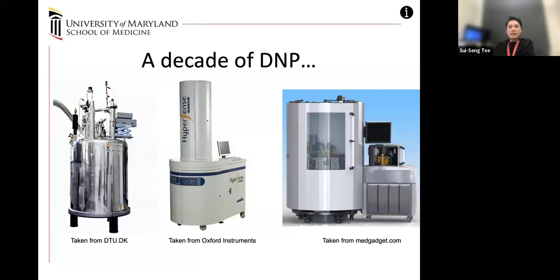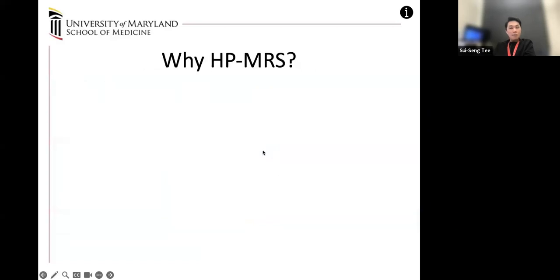So there are now about a dozen clinical sites around the world that use hyperpolarized MR injections into patients, right? We do it here as well in Maryland with my colleague next door, Dr. Dirk Mayer, who's more of an engineer and who really understands the physics behind this. I'm more of the application guy. I'm the biochemist, right?